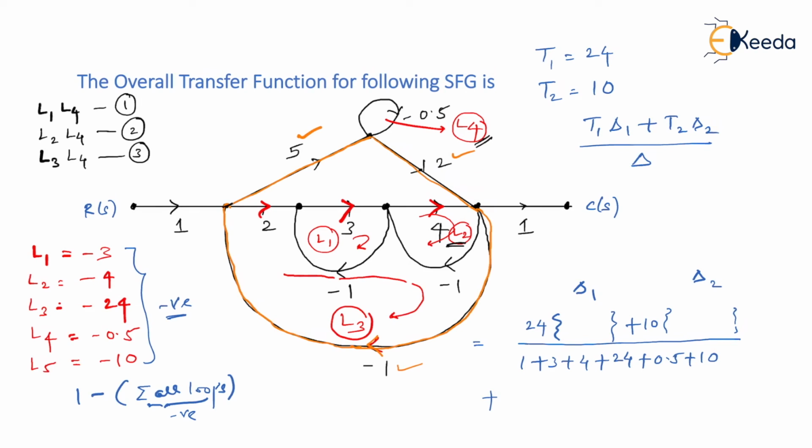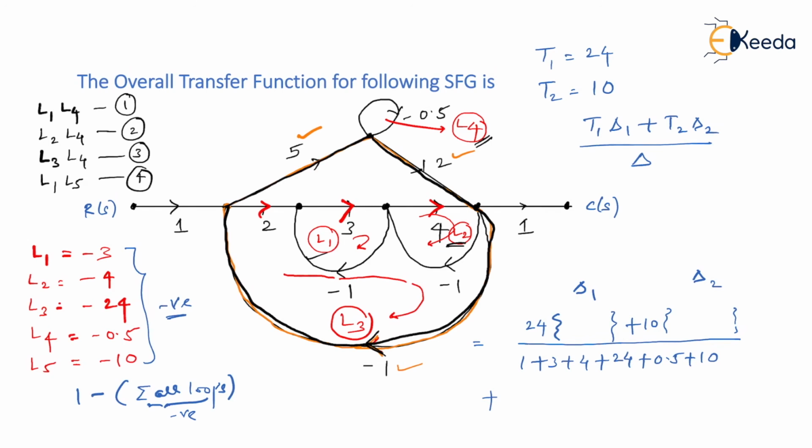L5 is the loop we have considered. If you remember, this is nothing but your L5. The thing which I have highlighted in black color is L5 and L1. They are not touching each other because they are not sharing common nodes. So I can take another pair, which is L1, L5.